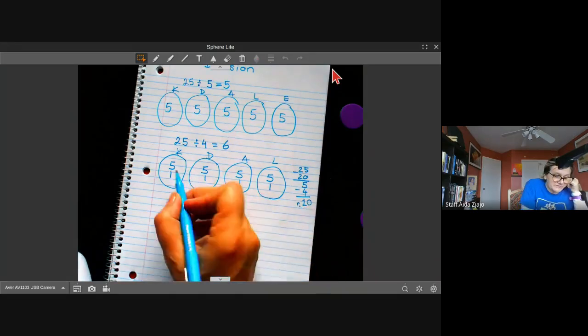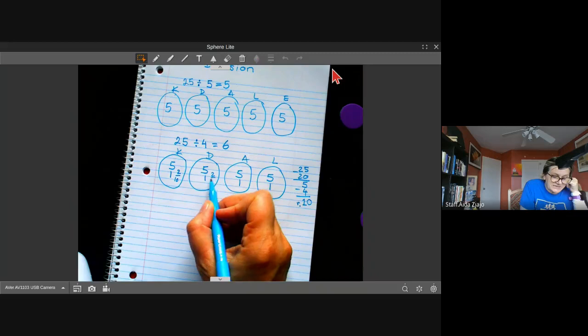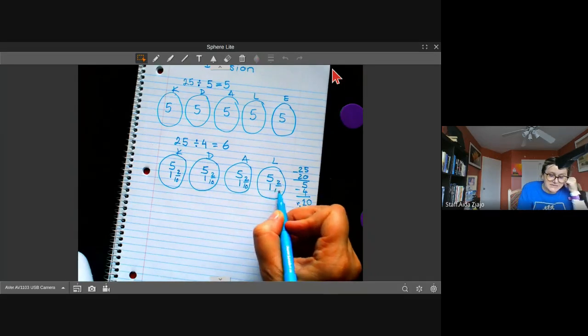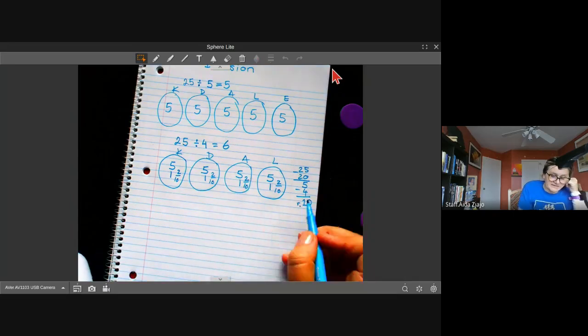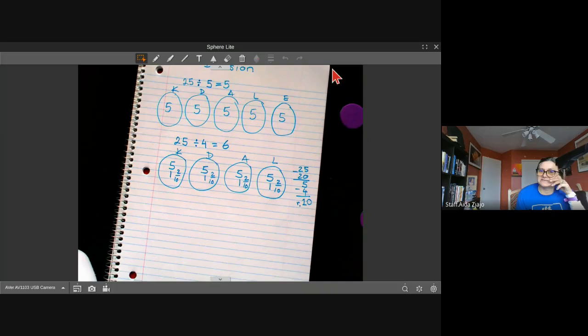So it would be like 1 and 2 tenths, 2 tenths, 2 tenths, 2 tenths. That means I share here 10 tenths, 8 tenths, but then I still have 2 tenths to share further. So sometimes you will need to keep sharing until you have no more chance. In this case, the decimal comes.